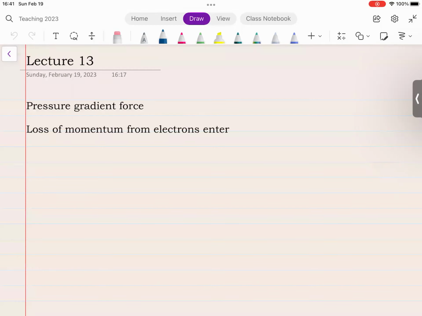So here is what we're doing: electrons entering and exiting the fluid element at x plus delta x over 2. Could have typed that. Oh, well.